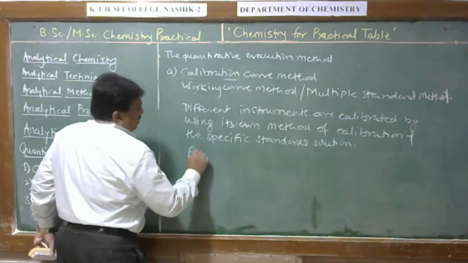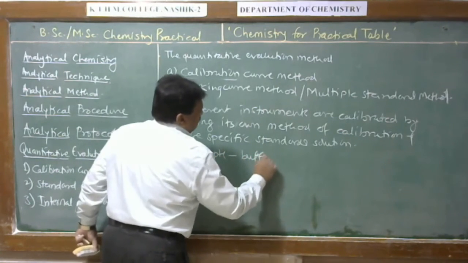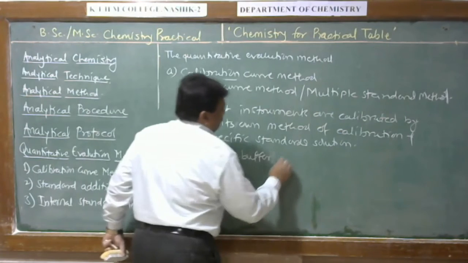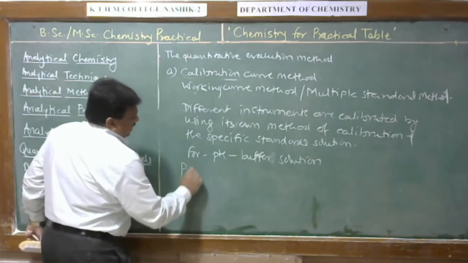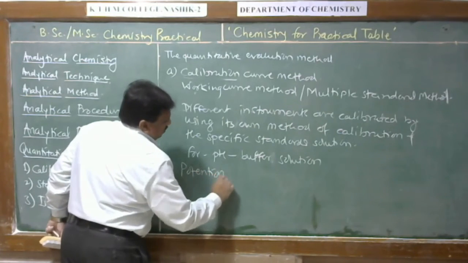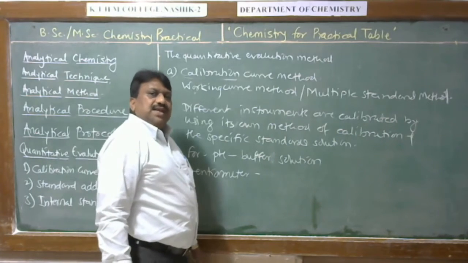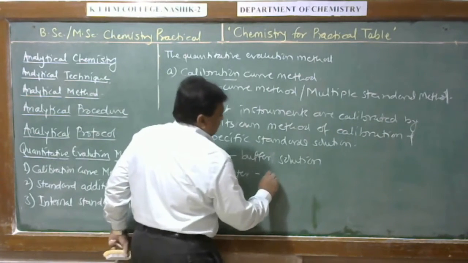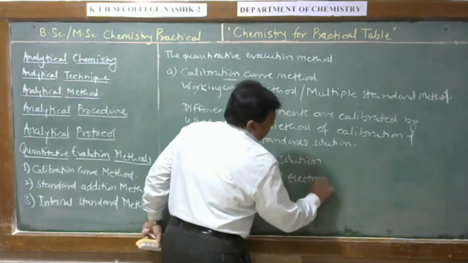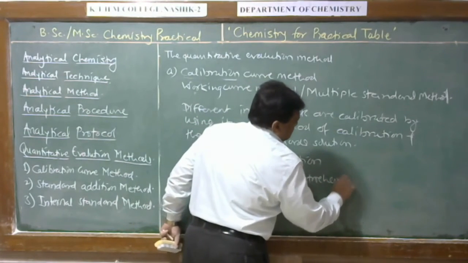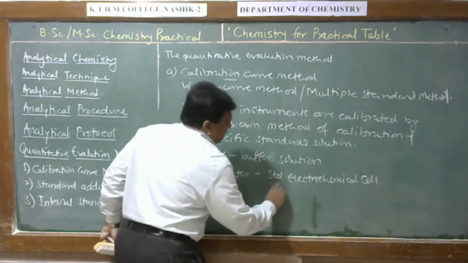For example, a pH meter can be standardized by using standard buffer solutions. Similarly, a potentiometer is standardized by using a standard cell, or a cell having known potential, that is a standard electrochemical cell. And here specifically the Weston standard cell is used.